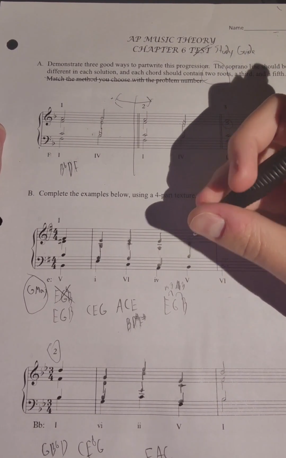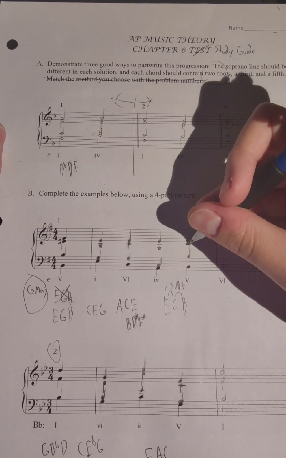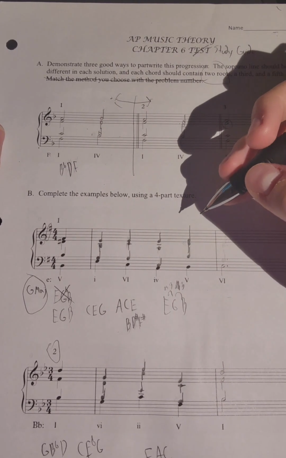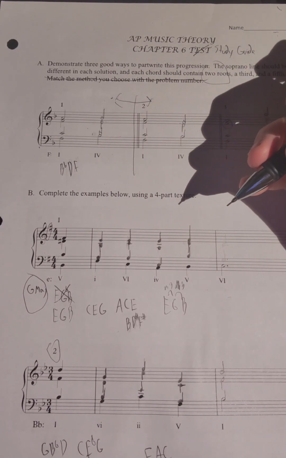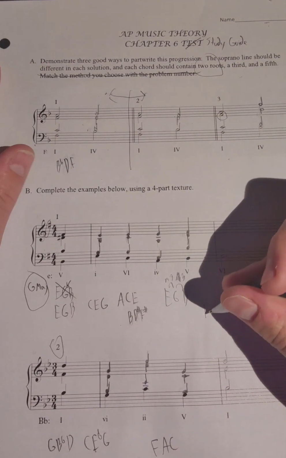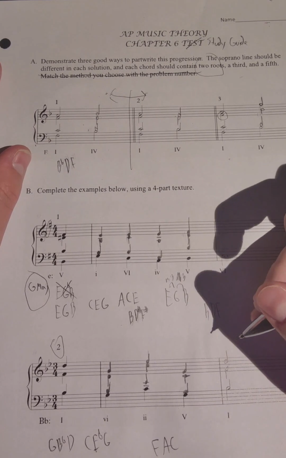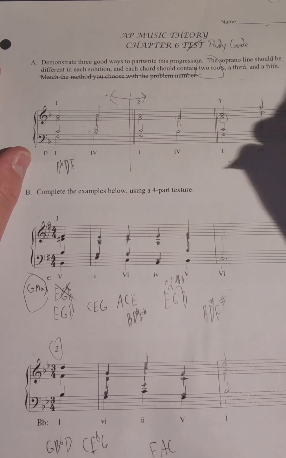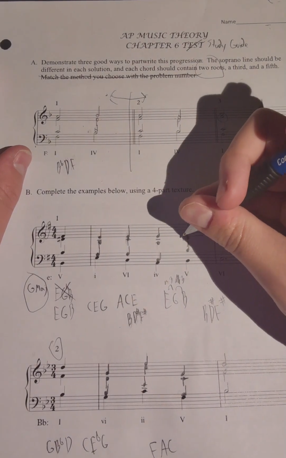So we have a D, F. Now, in the 5 chord, E, F, G, A, B, we have B, D, F. And a major 5 chord would be B, D sharp, F sharp. So we put a sharp on D.